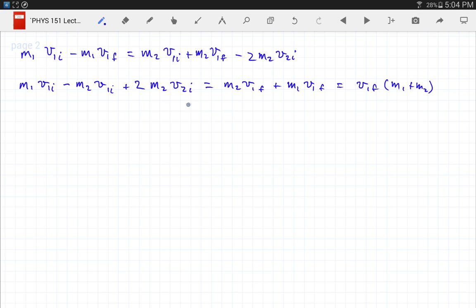So now looking at the left hand side, notice I have V1 initial with two terms. I have V1 initial times (M1 minus M2) plus 2 M2 V2 initial.